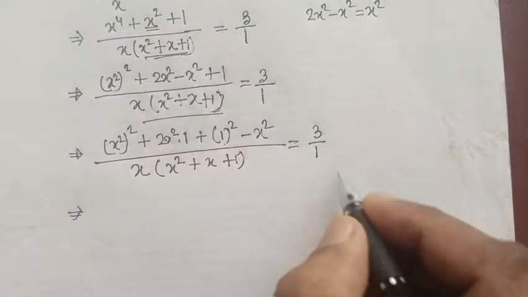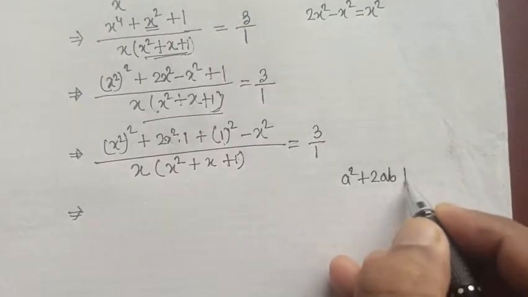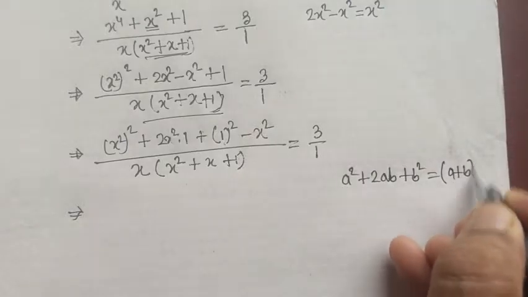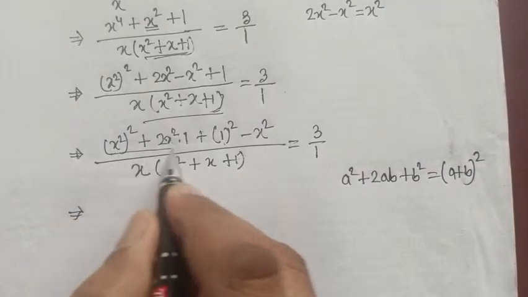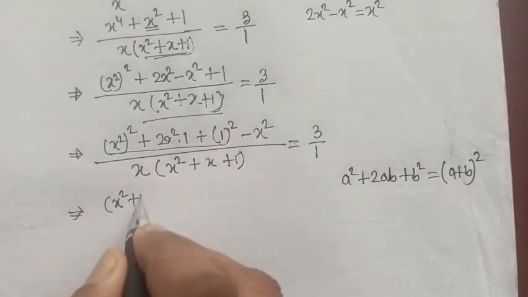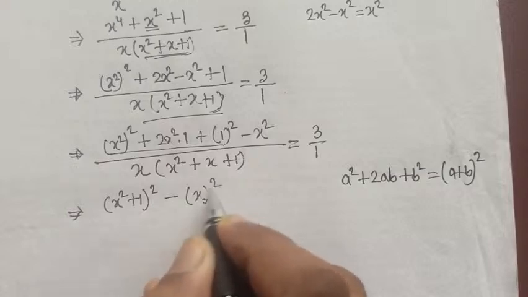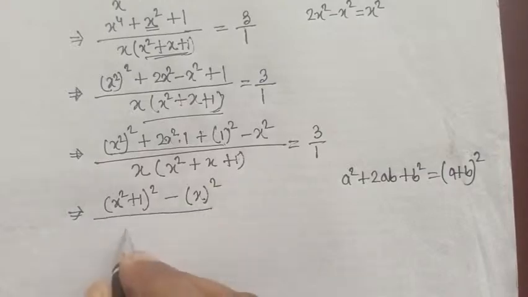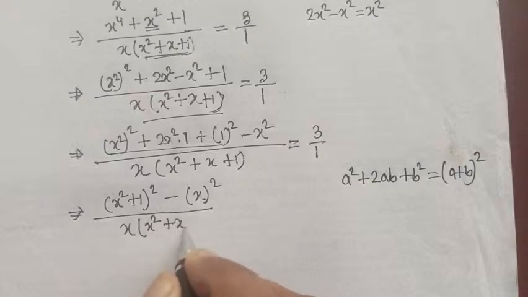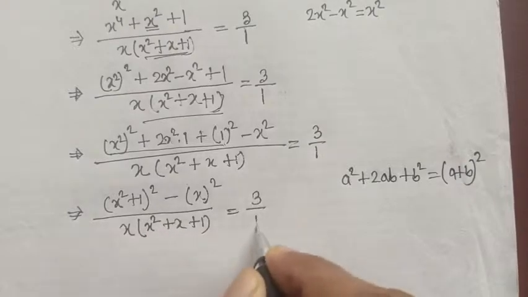Now we know the formula, a square plus 2ab plus b square is equal to a plus b whole square. So we can write the expression here, x square plus 1 whole square minus x square, and the denominator will be same, and it will be 3 by 1.